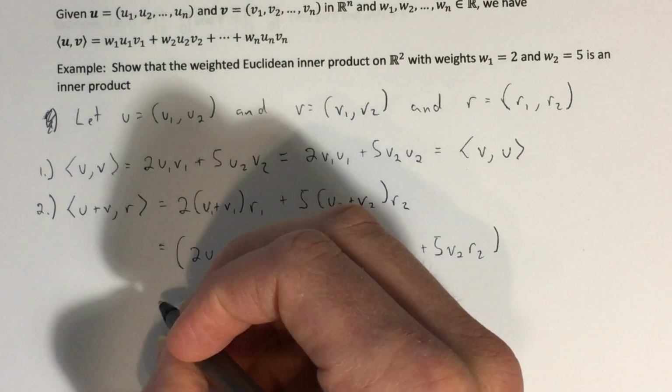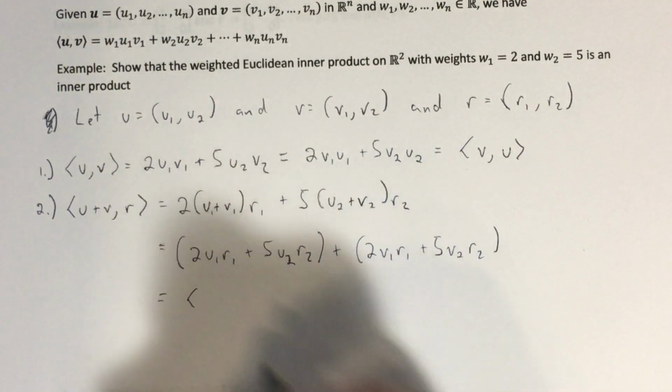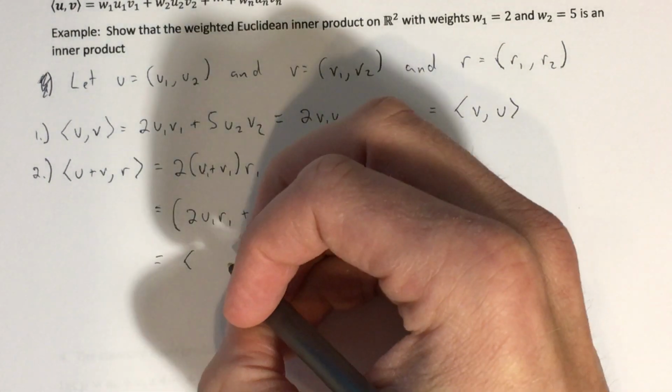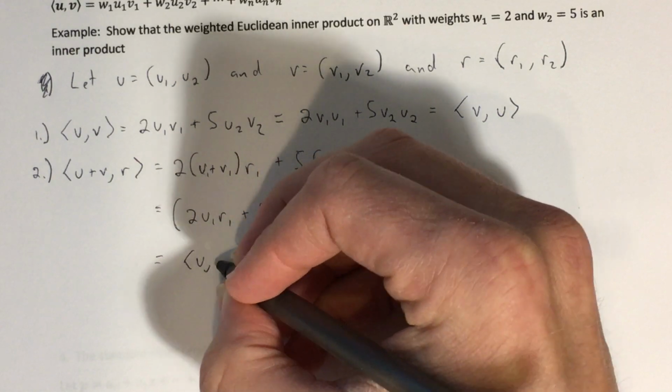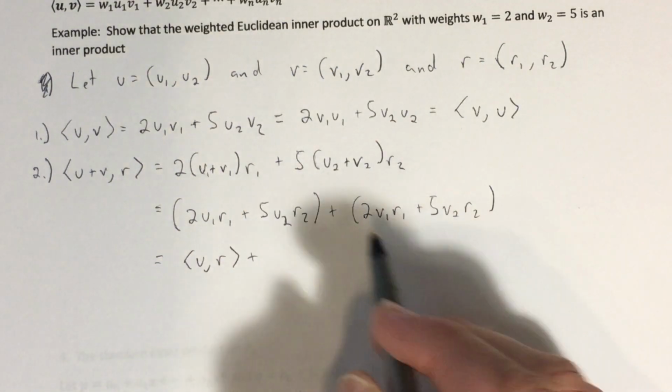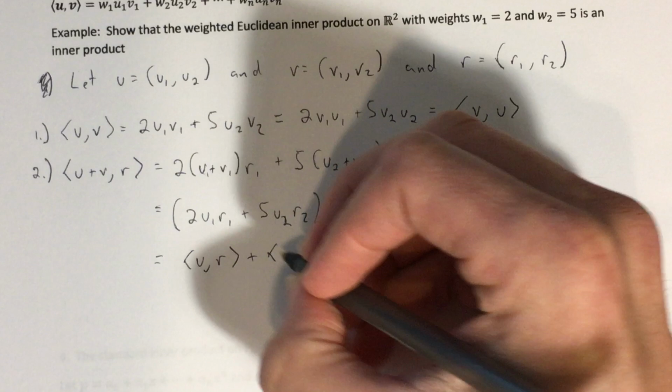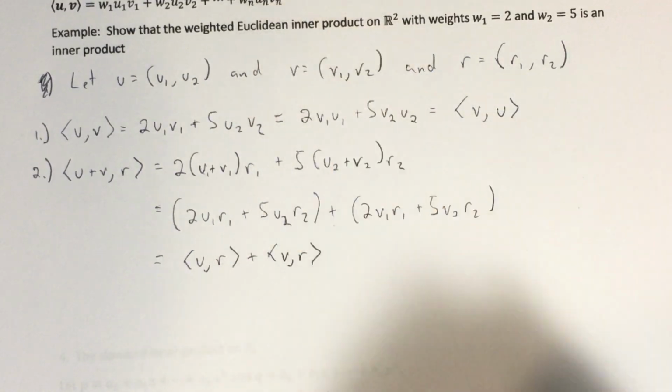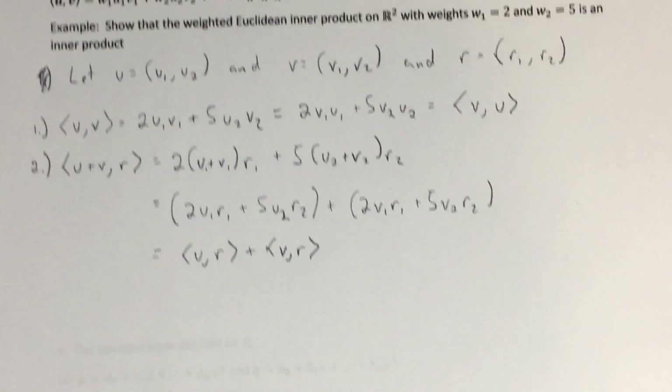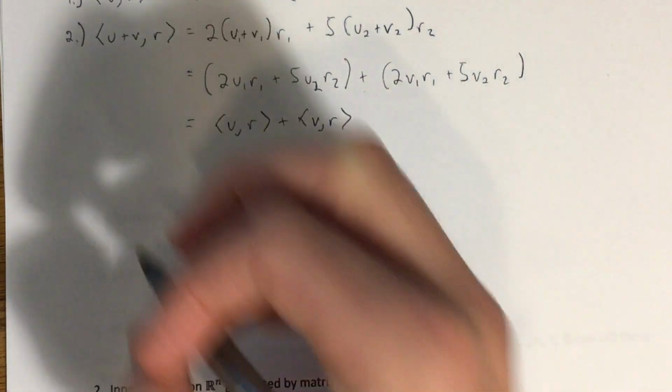The reason I'm doing this is because this first set of parentheses is the same thing as the inner product of U with R, plus this is the inner product of V with R. So that establishes the additivity property.